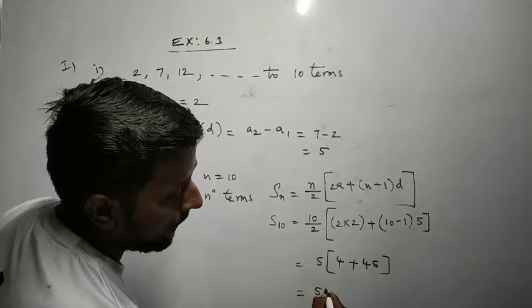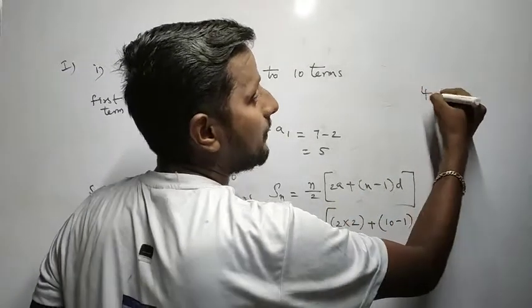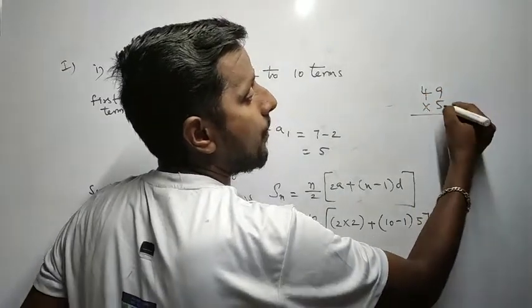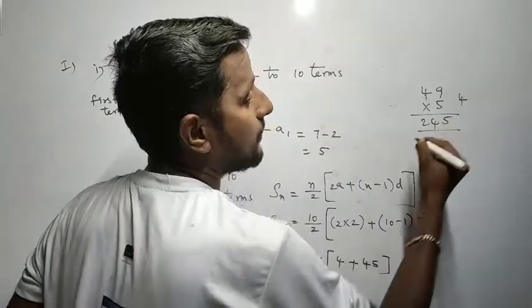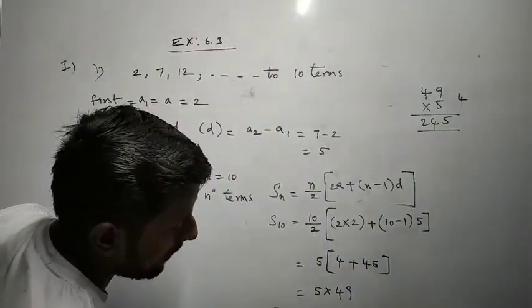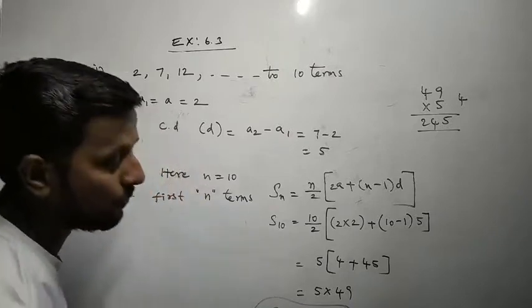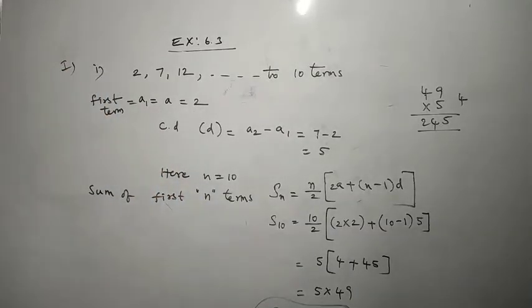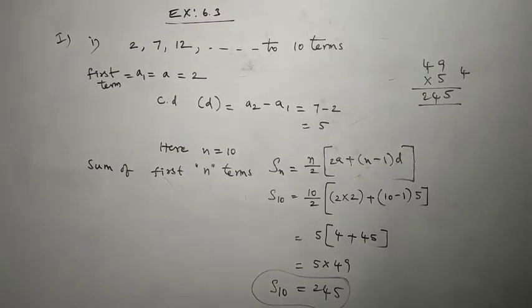So overall 5 into 49. 9 fives are 45, 4 carry 20 plus 4 is 24. So the sum of the first 10 numbers, the answer, is 245.